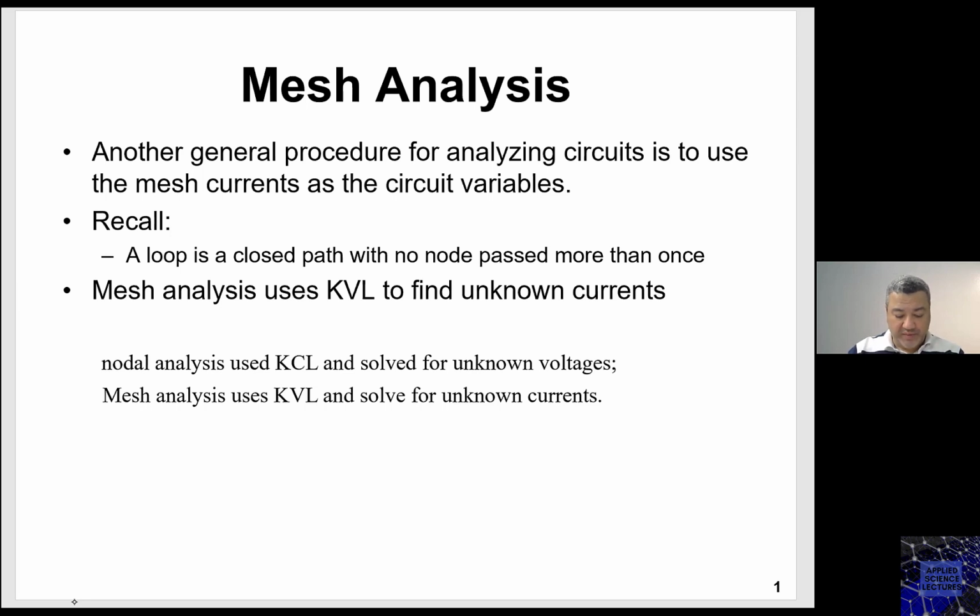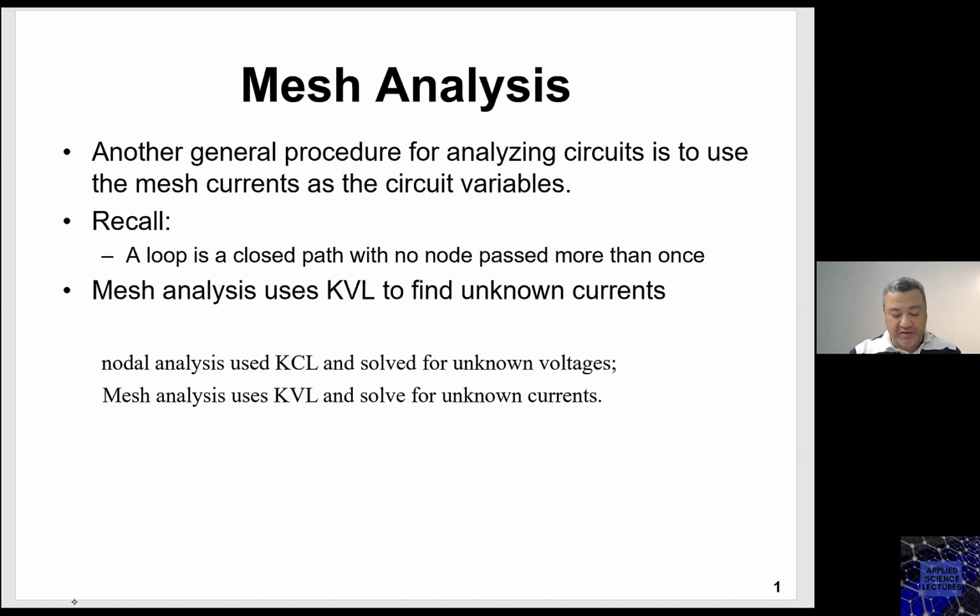We will cover today mesh analysis, the second analysis, one of the strongest analyses that we will be learning in this course. We've seen nodal analysis in the last lecture. Today we will cover mesh analysis.